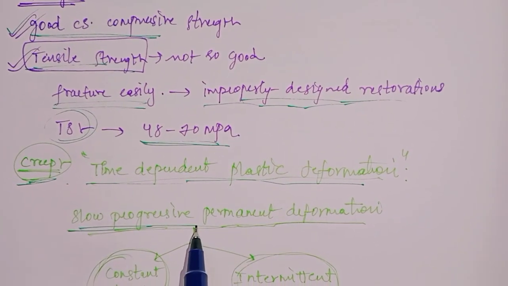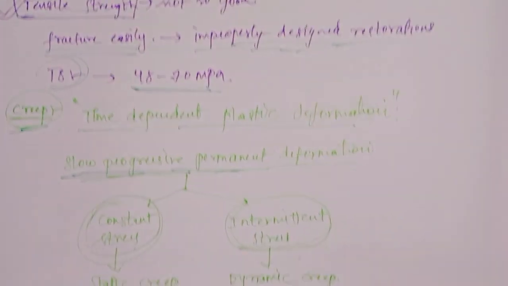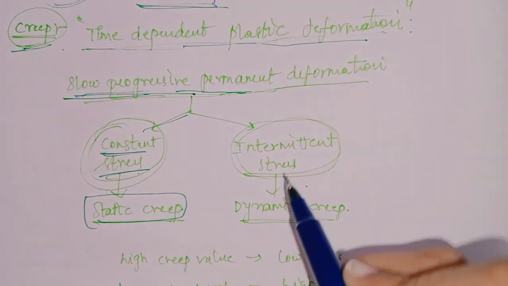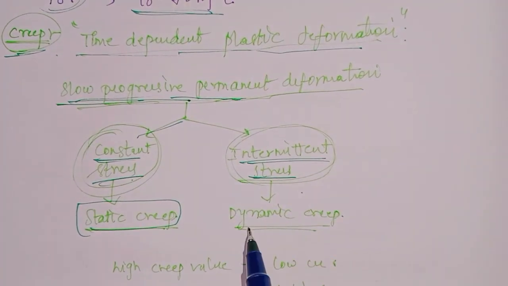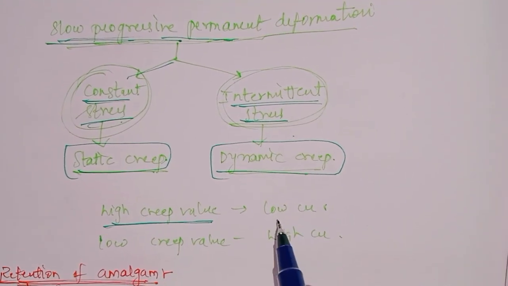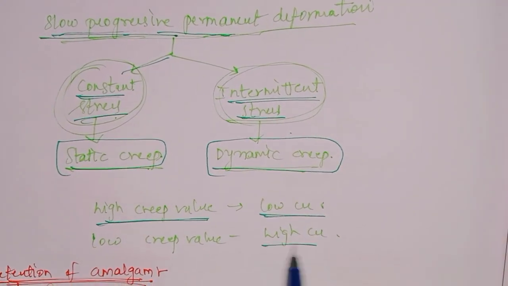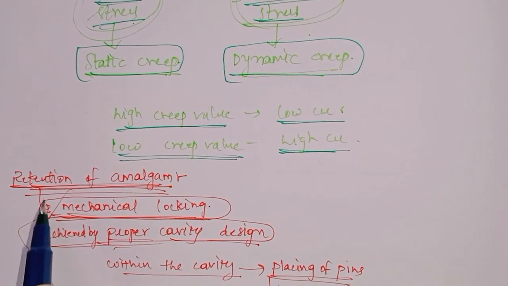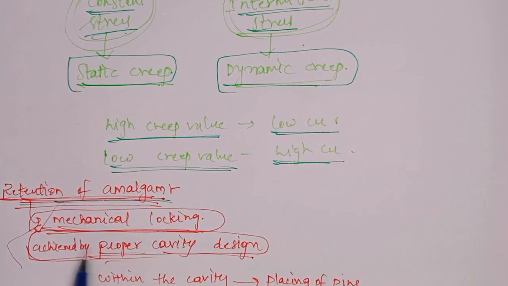For dental amalgam, creep is slow progressive permanent deformation which occurs under constant stress, known as static creep, and if it occurs under intermittent stress, it is known as dynamic creep. Low copper alloys have high creep value, whereas high copper alloys have low creep value.